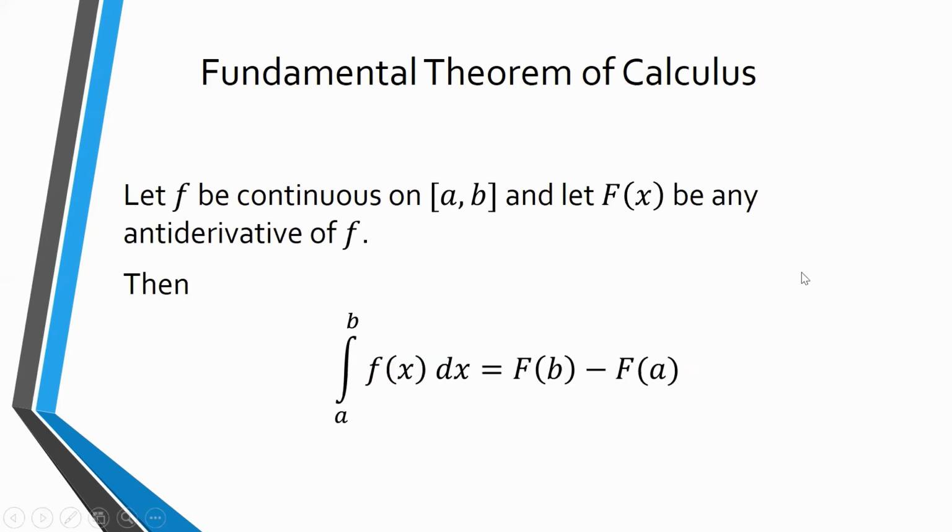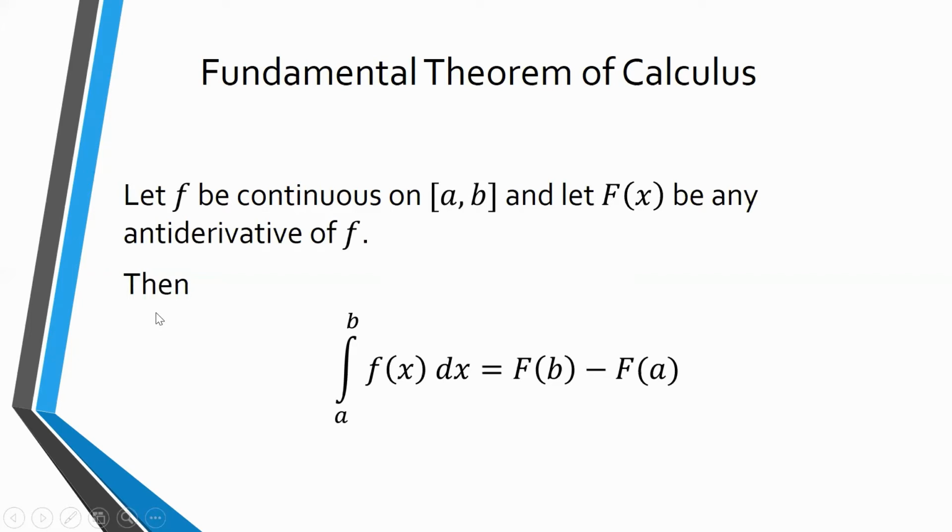The way that we are going to apply this is the following. We let lowercase f be a continuous function on A to B, again, a closed interval from A to B. We let capital F of x be any antiderivative of lowercase f.